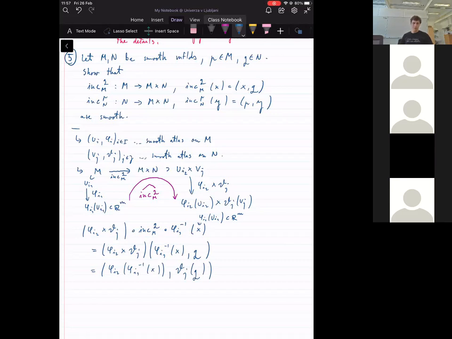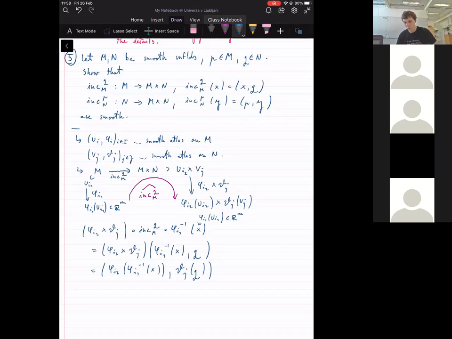And now we're almost done. We just have to comment on one thing. Both components are smooth, so this is smooth.